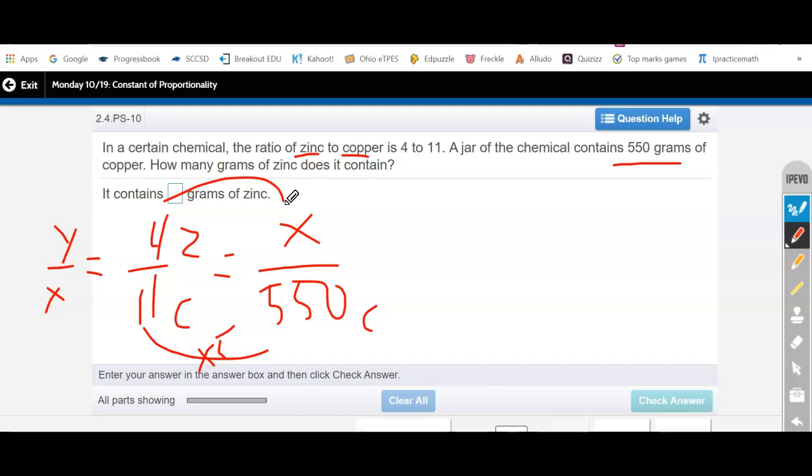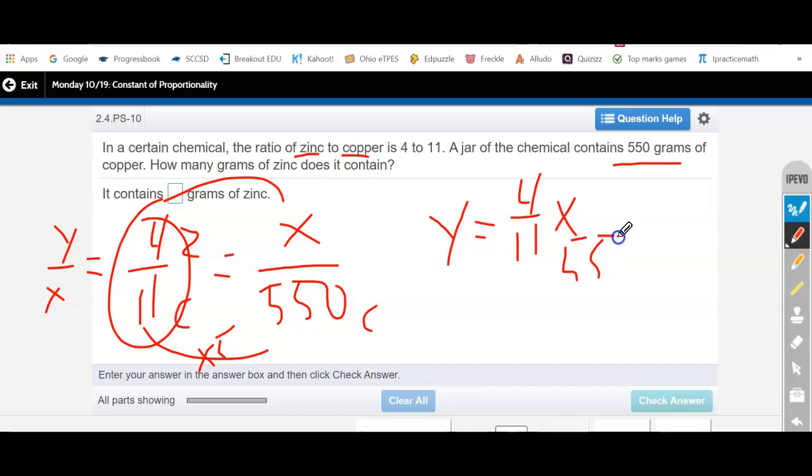Or, like I said, the other way is to find the unit rate, the constant of proportionality, 4 divided by 11, and that's 0.363636 repeating. So we can just go 4/11. We'll just leave it as 4/11 times 550, because it would be y equals 4/11 x, and then we just plug in 550 right here.